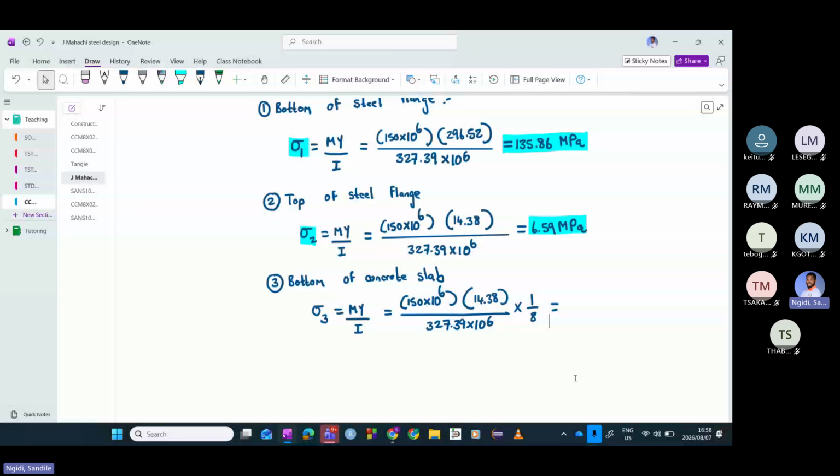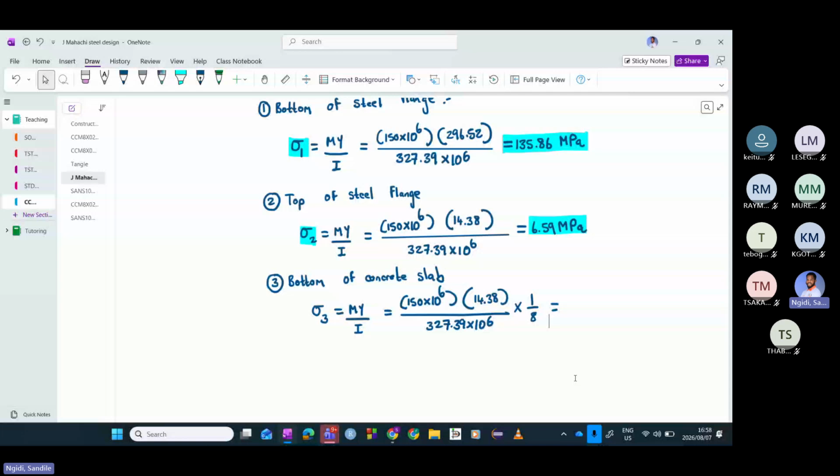I want to highlight this value. So this is 6.55 MPa for sigma 4. So these are the stresses that we have, and we can actually draw a stress distribution diagram for all these stresses.